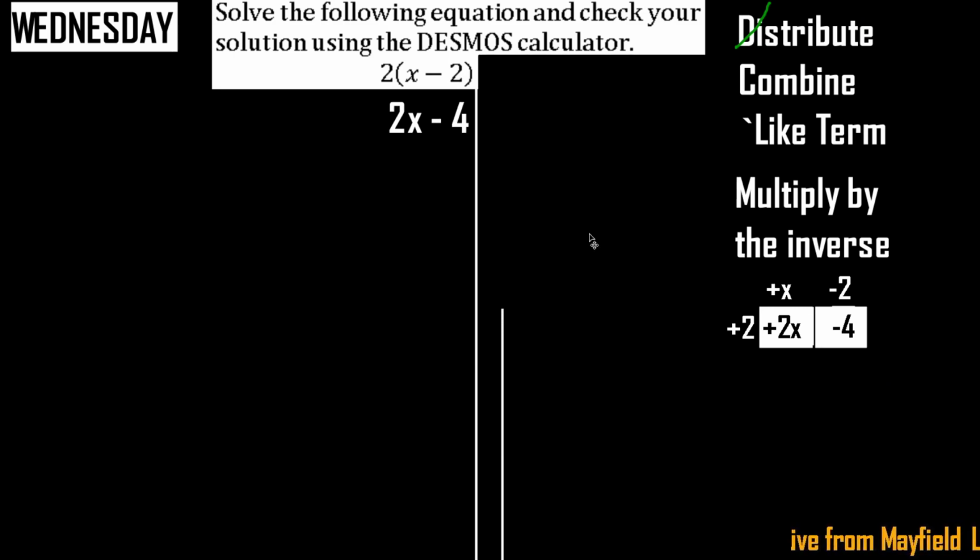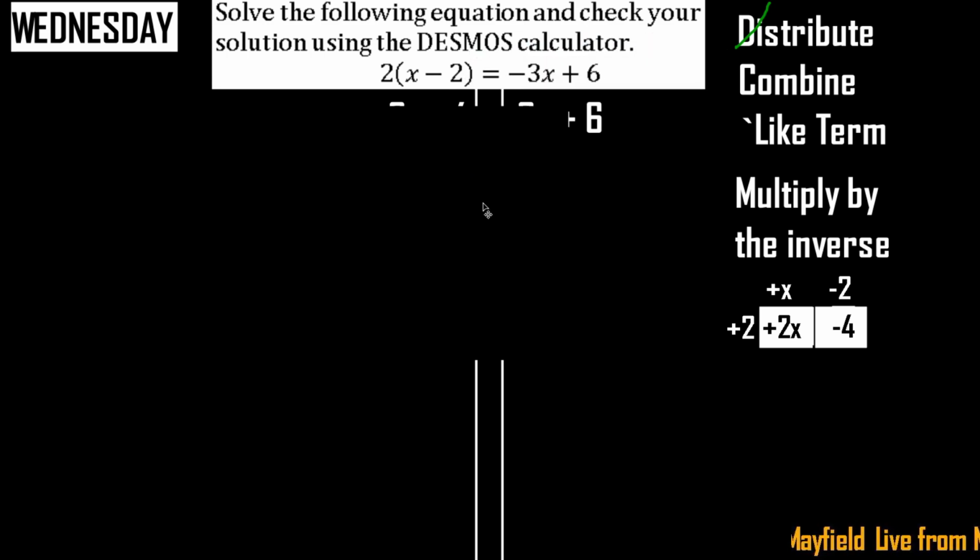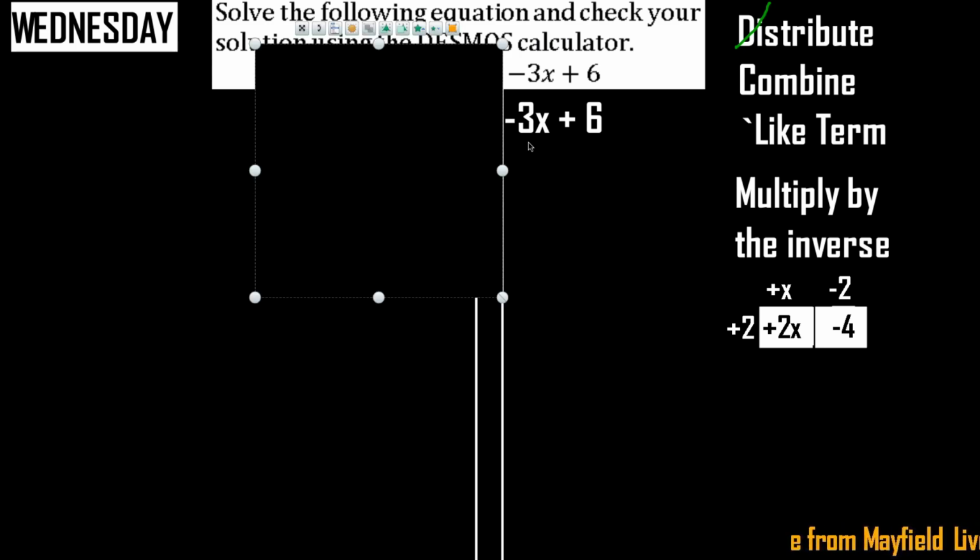Is there any like terms on the left side? Well, they don't share a variable because one of the terms is 2x and the other term is negative 4. Again, these are not like terms, so we cannot combine. So we look on the right side of the equation. Same deal. Again, they don't share a variable in common, so we can't work on one side at a time.